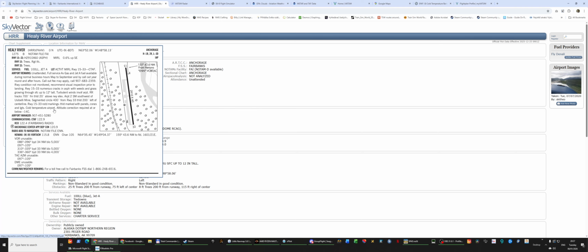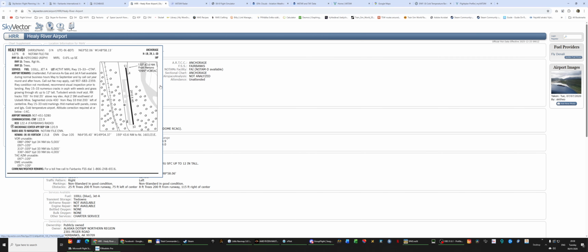And since cold temperature is dangerous in a way that the altimeter will show higher than we are actually at, some airports are called cold temperature airports, and if the temperature drops below a certain amount of degrees, we need to apply altitude correction, right? So this one, we need to apply altitude correction if we are at or below minus 14 Celsius. Since we have like minus 27 right now, we should apply that.